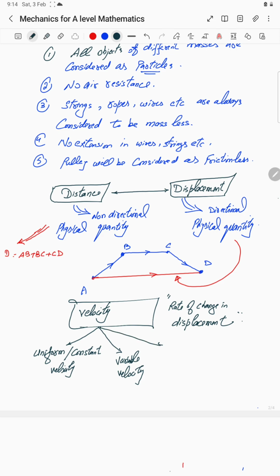It can be instantaneous velocity, and one more, the average velocity: the sum of all the velocities divided by the number of velocities. So we'll get the average velocity.